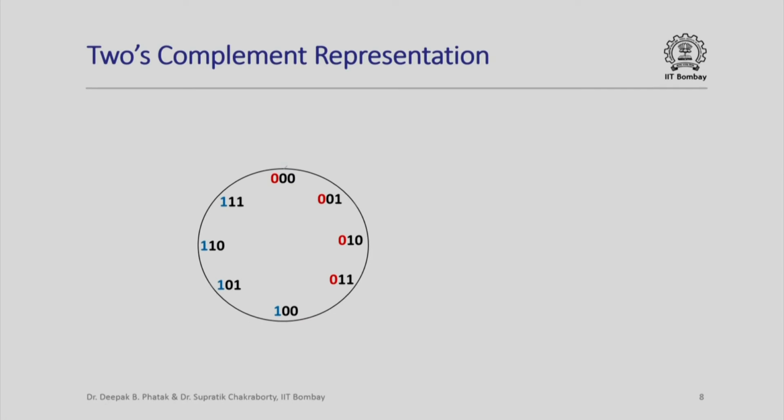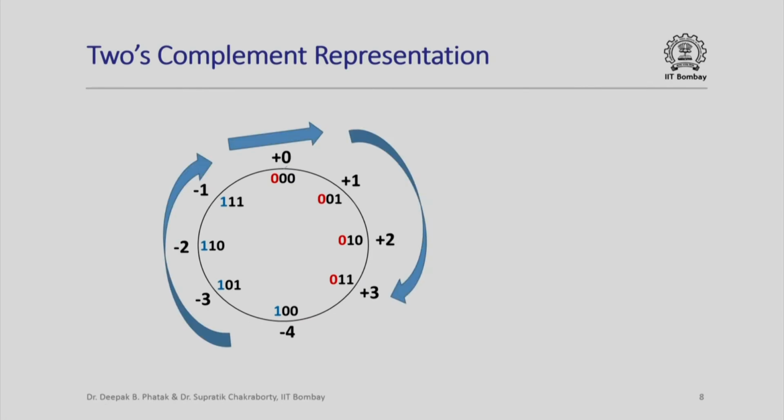So this is the picture that we have seen earlier. Along the circle I am going to put -4, -3, -2, -1. So this gives me one completely increasing sweep as I go around the circle in this direction, and of course at the end when I come back from +3 to -4 there is a wraparound.